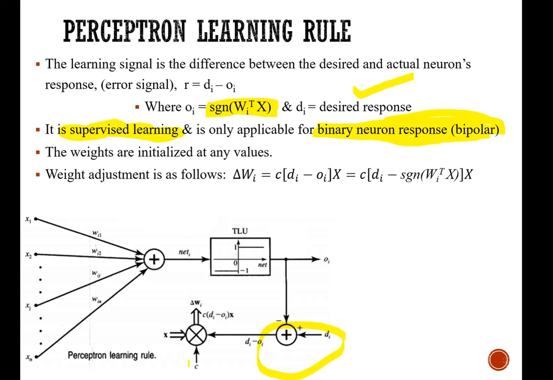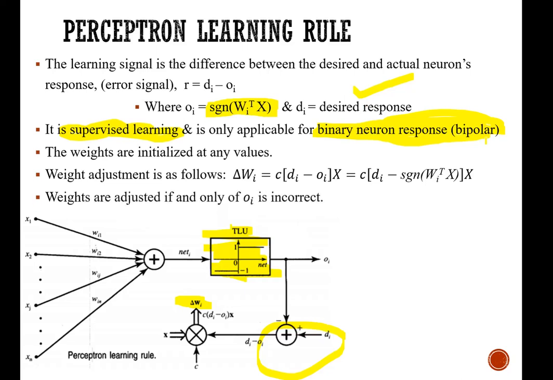This is the weight adjustment we get here. Please note that in place of any neuron, TLU is mentioned. TLU indicates a signum function, which again tells you that it can only be used for a bipolar binary neuron.